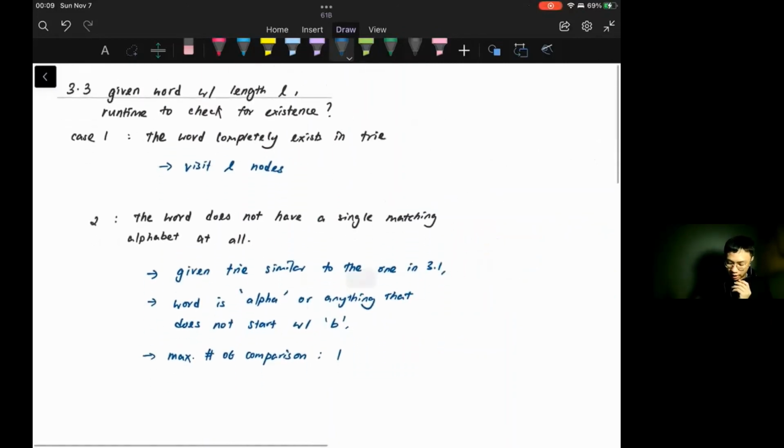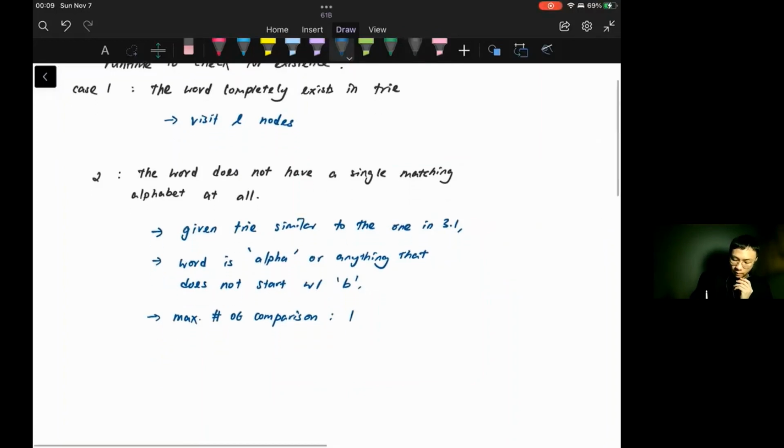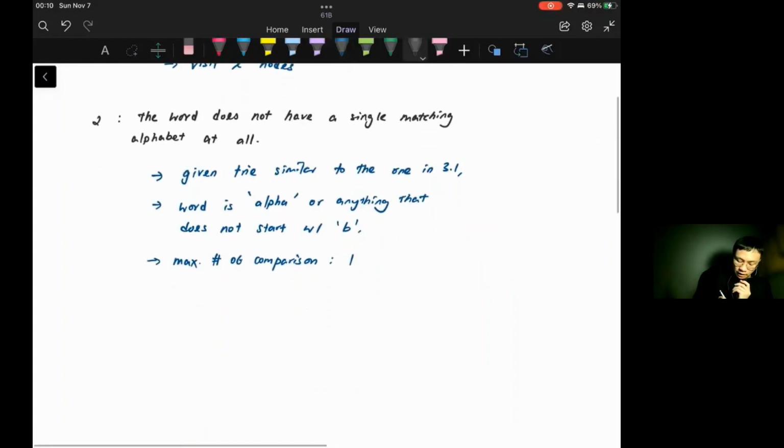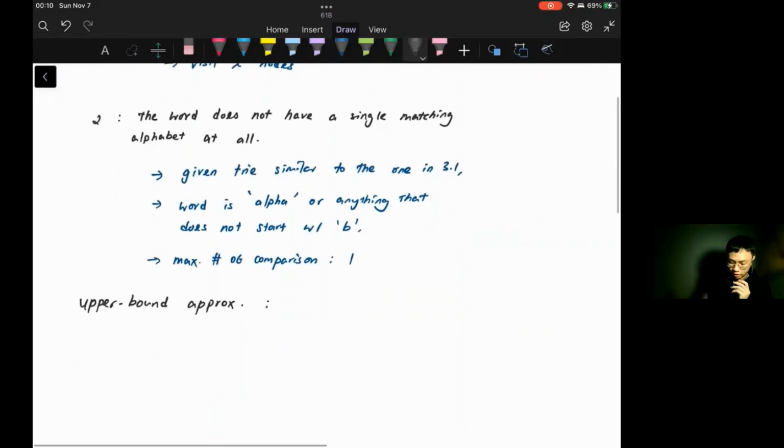So to summarize these two different cases, the upper bound approximation would be that the word completely exists in our tree, so it would take a runtime of L. On the other hand, the lower bound approximation would just be constant time.